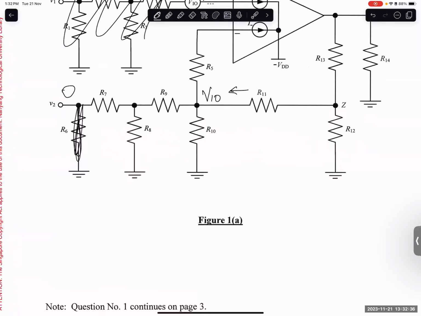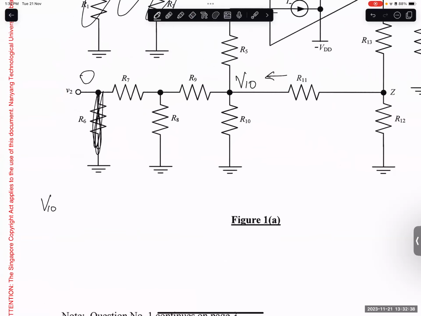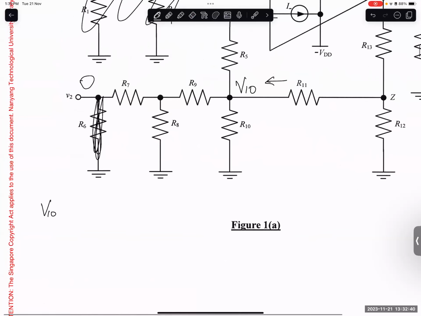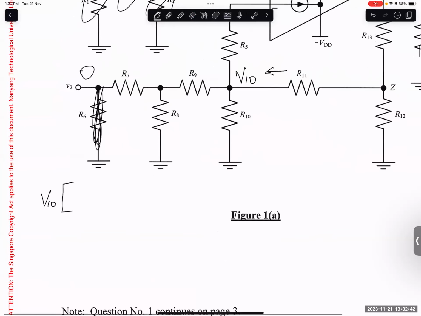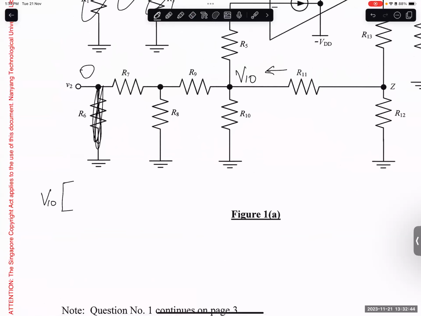So VIO divided by R10 parallel with R9 plus R7 parallel R8.